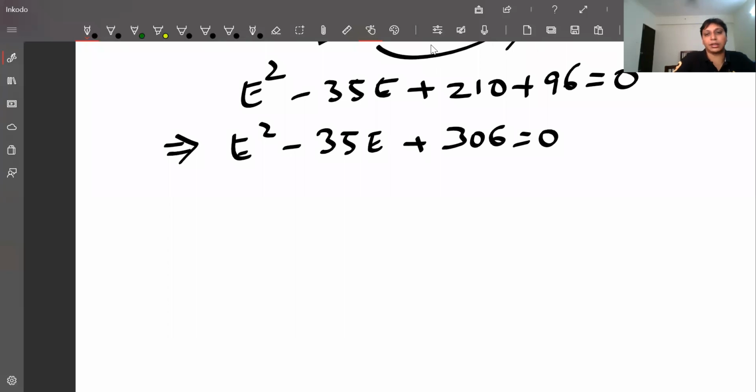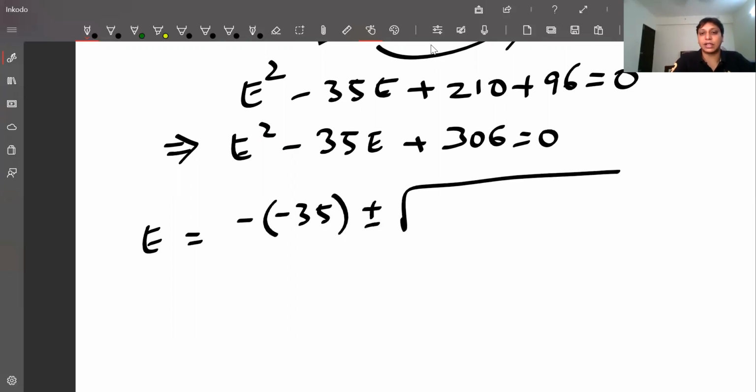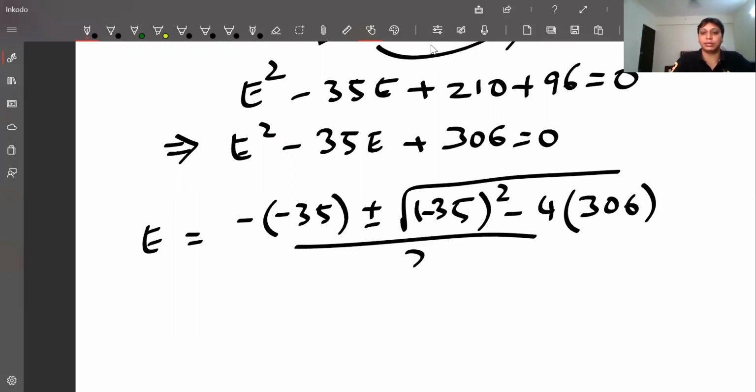So E is equal to minus B plus or minus root of B square minus 4AC, the whole divided by 2.